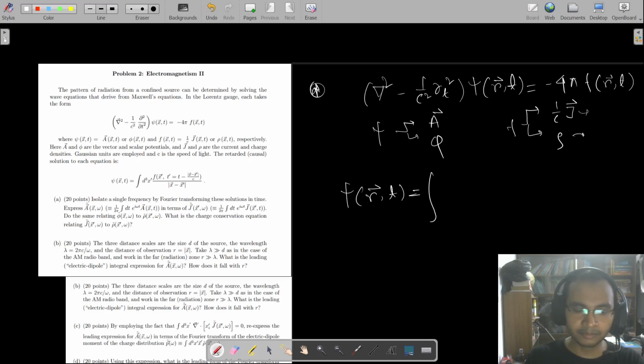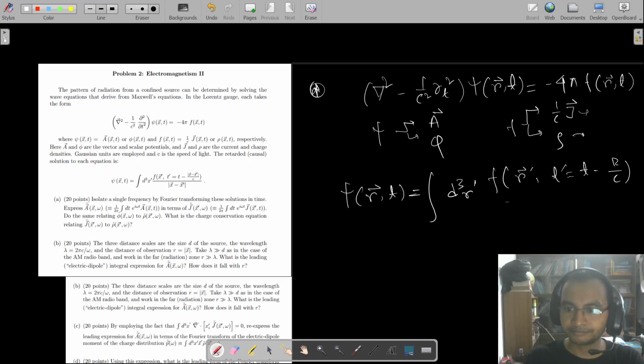Considering the retarded time, we can write down psi, if we want to relate psi with f, then this is the equation. R prime, t prime is the retarded time given by this expression. R is the difference between r and r prime, right?